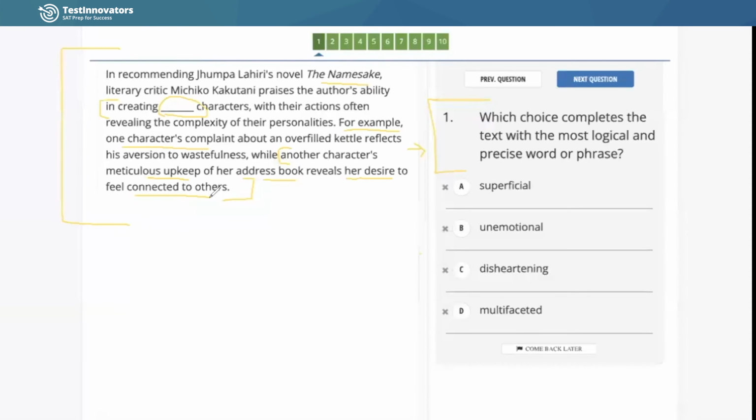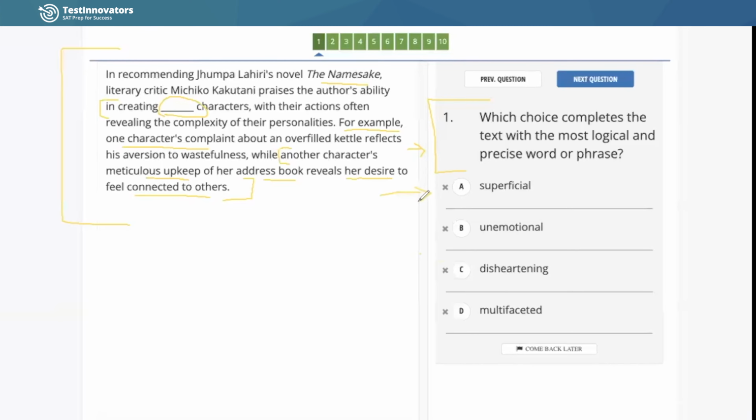This reflects her desire to feel connected to others, perhaps to convince herself that there are many people in her life. Again, we have a common, somewhat mundane activity, in this case updating an address book, but it shows something much deeper. This character wants to feel like she is connected to other people. So, with that in mind, let's revisit our answer choices.